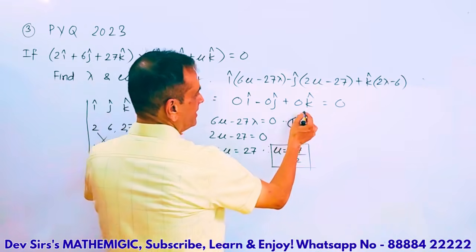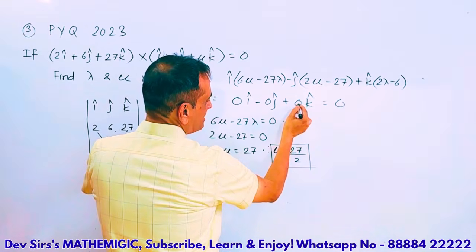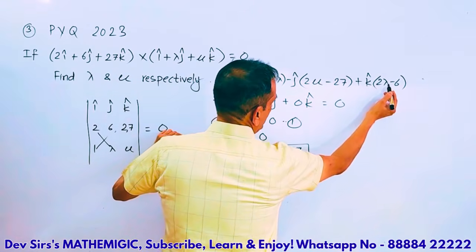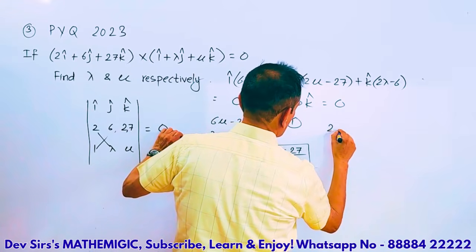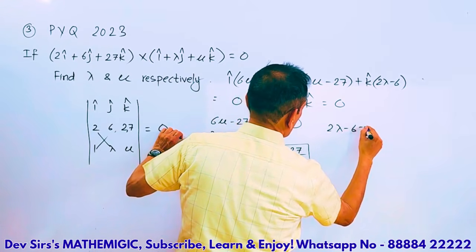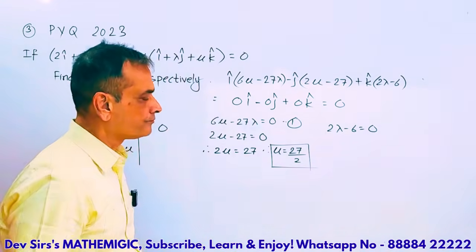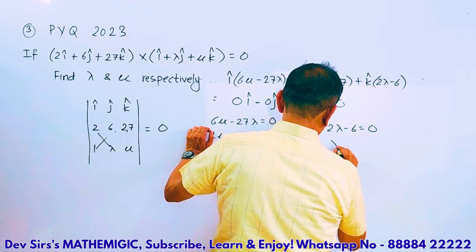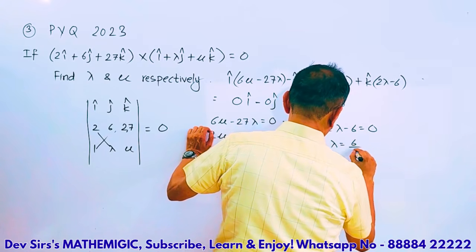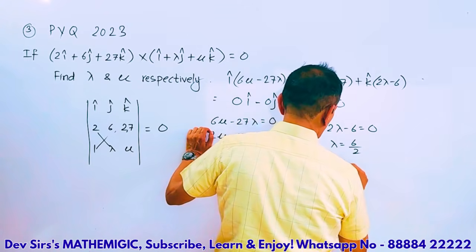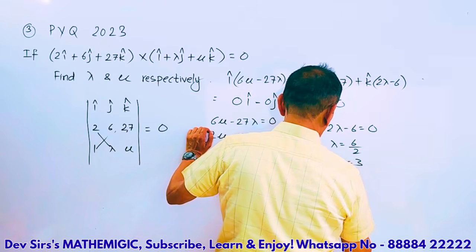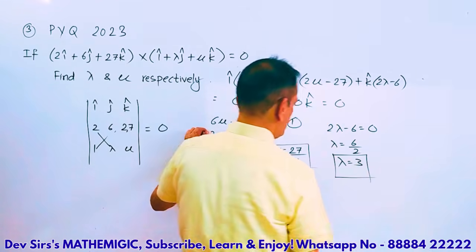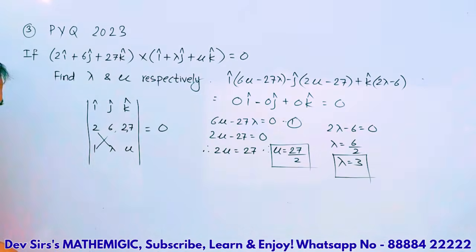Third, compare: in front of k there is 0, here 2 lambda minus 6. Take 6 on the right hand side. But you have to find out one more value. You have to solve. Now the value of lambda has come as 3.